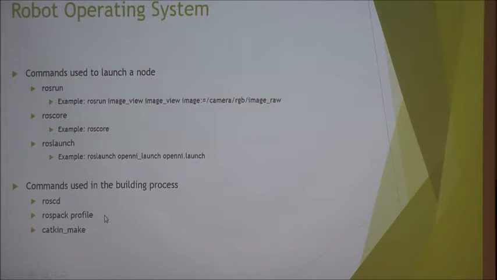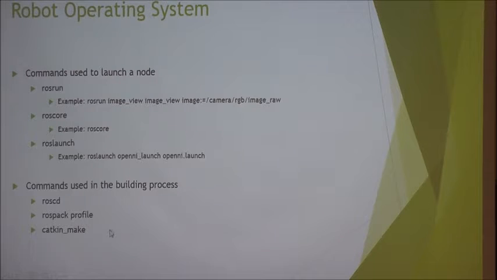rospack profile. Once you add a new package to your system, you want to run rospack profile. The reason is that a new package is not necessarily picked up by the ROS indexer, which is what allows you to do roscd. So if it's not in the index, you can't just automatically change directory into it, so it's not as direct.